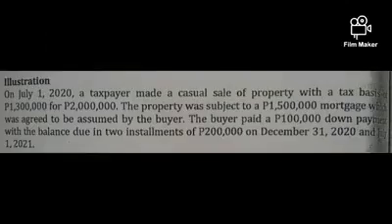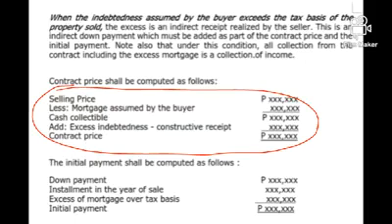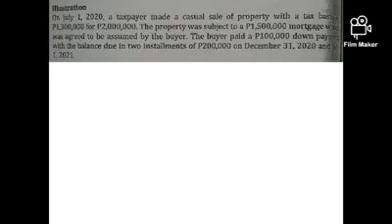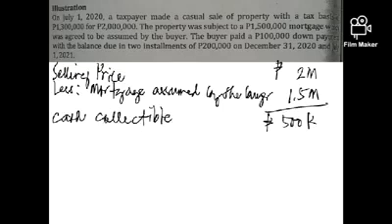So we're now going to determine the contract price and then the gross income afterwards. In this case, we're going to use this formula in computing the contract price. The selling price of the property sold is 2 million pesos, less the mortgage assumed by the buyer, that is 1,500,000 pesos. So the remaining cash collectible is only 500,000 pesos. And then we're going to add the excess mortgage.